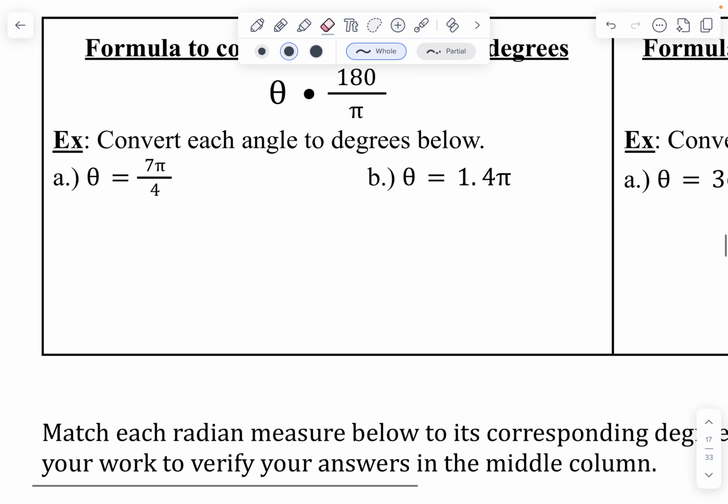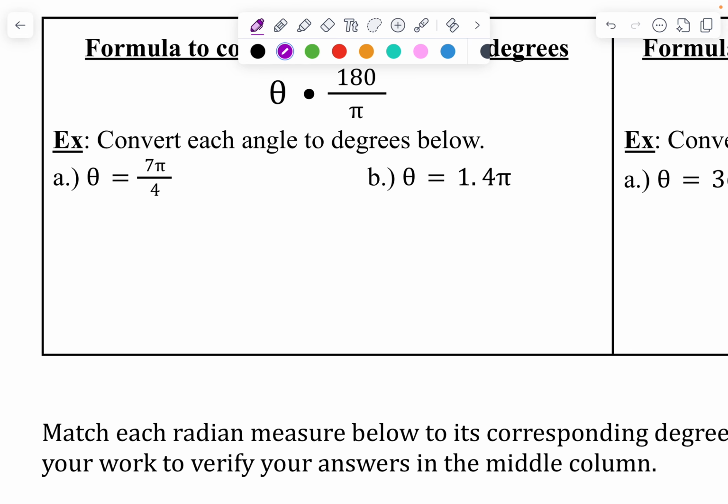We would take our angle, and if we're trying to get to degrees, we want to get rid of our pi, which means we're putting pi on the bottom and 180 degrees on top. And the easiest way to go about solving this would be, well, pi's are gone. And now multiply across the top and the bottom, right? We would have, and we can do this in our calculator too, 7 times 180 on top divided by 4.